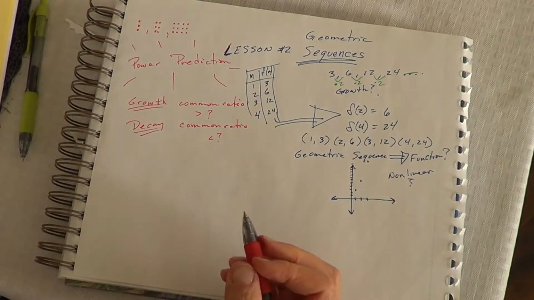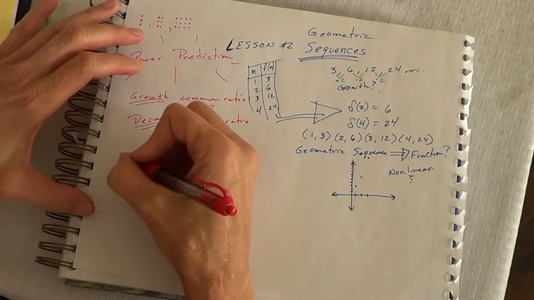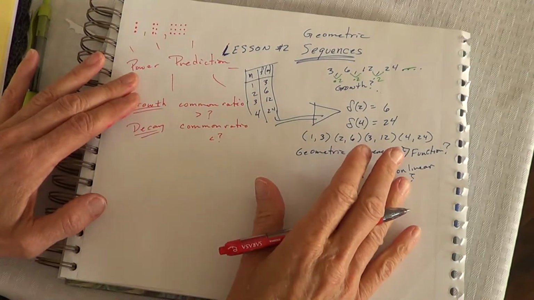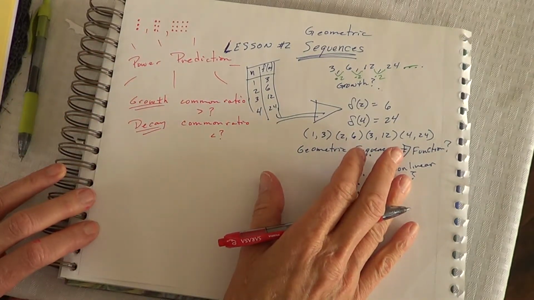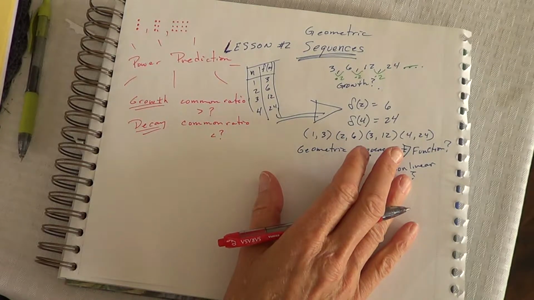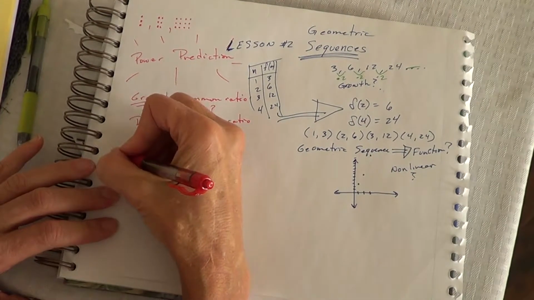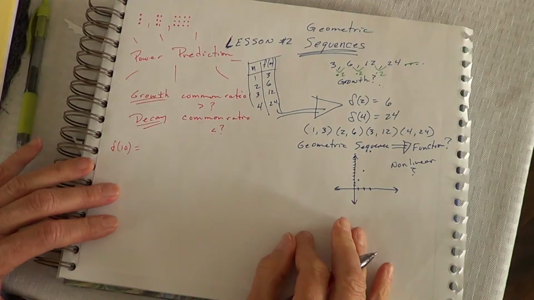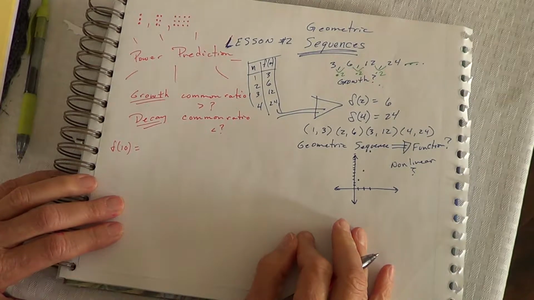Okay, next up, I want you to predict what the, these get big pretty fast. Let's go ahead and do the 10th term. Could you please find what the 10th term would be?